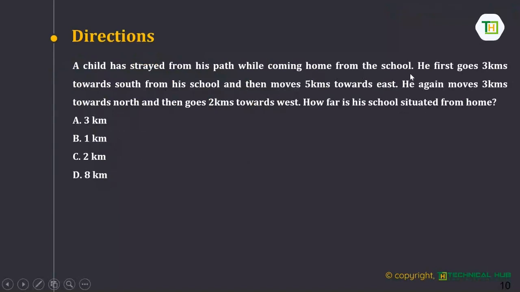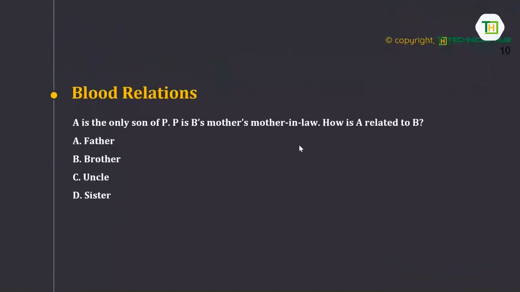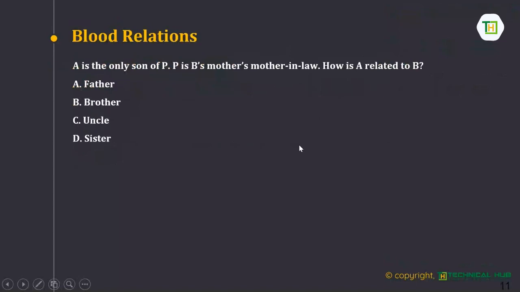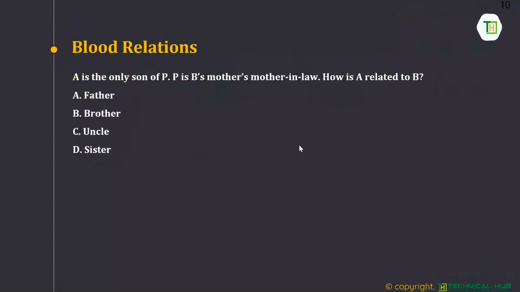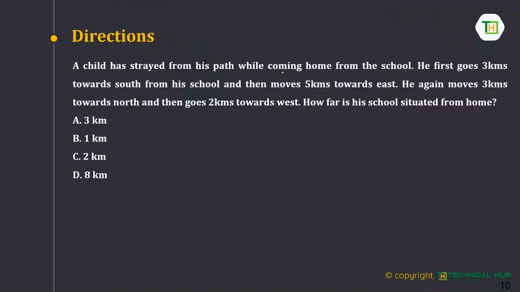These are the east, west, north and south positions. He first goes 3 km towards south. So this is one position, the school. The child first goes 3 km towards south.